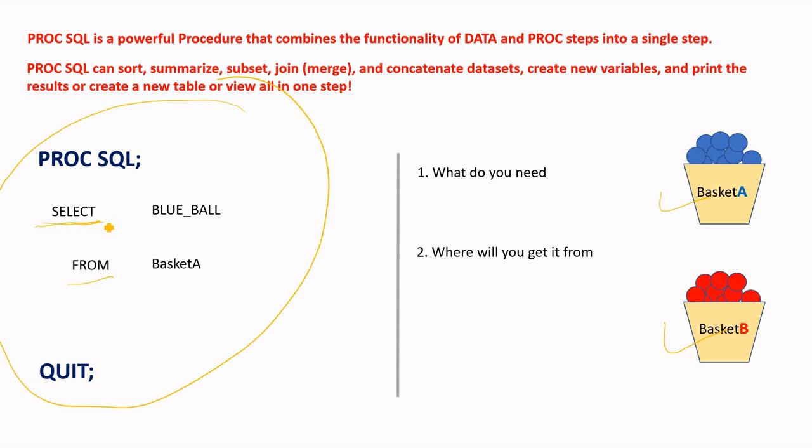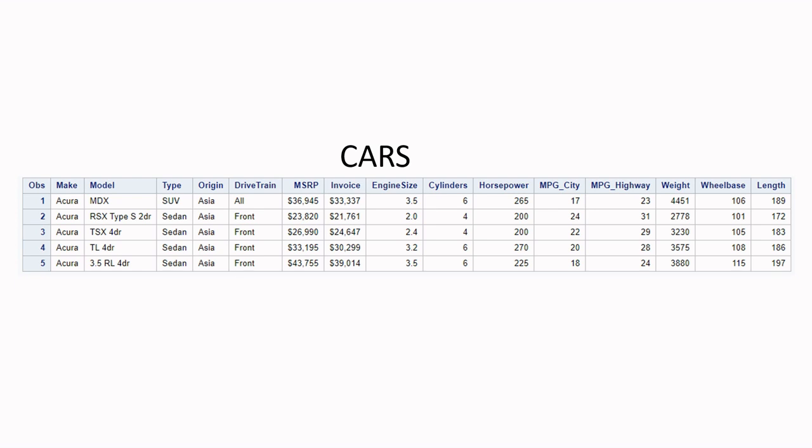You just need to write select blue ball from basket A. Now let's consider that you have a table cars, and out of all the variables you want to print only these 2 variables, model and type. How would you write the syntax? I hope by now you understand it well. I encourage you to stop the video and try to write the syntax for that.